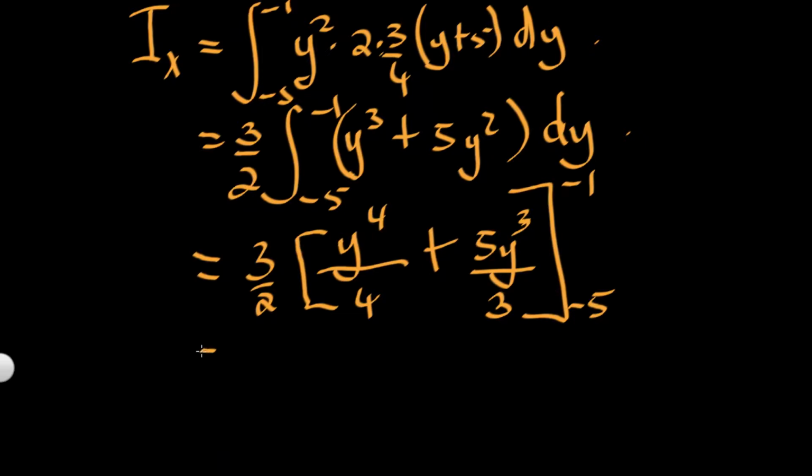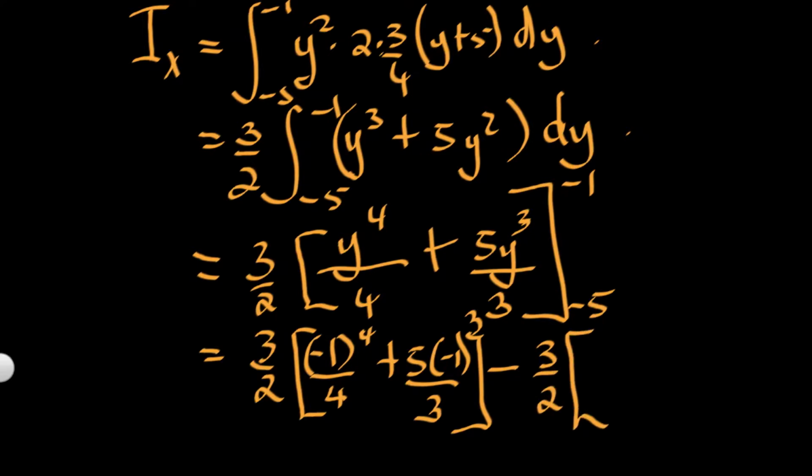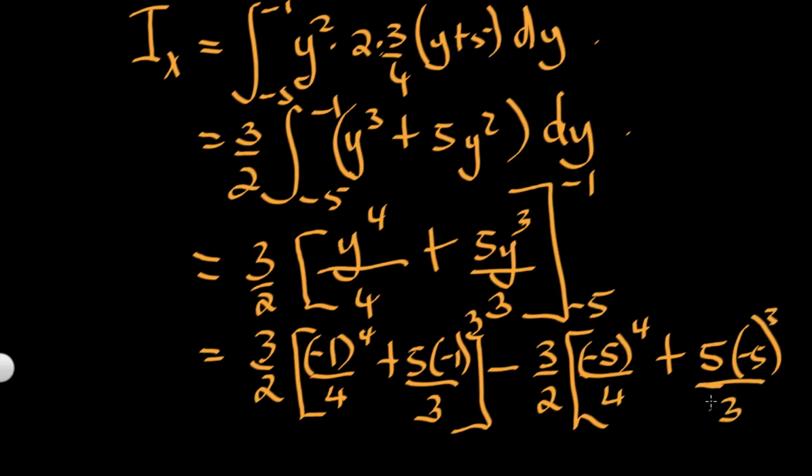So this means we have here 3 over 2 times (minus 1 to the power of 4 over 4 plus 5 times minus 1 to the power of 3 over 3), all of this minus 3 over 2 times (minus 5 to the power of 4 over 4 plus 5 times minus 5 to the power of 3 over 3).